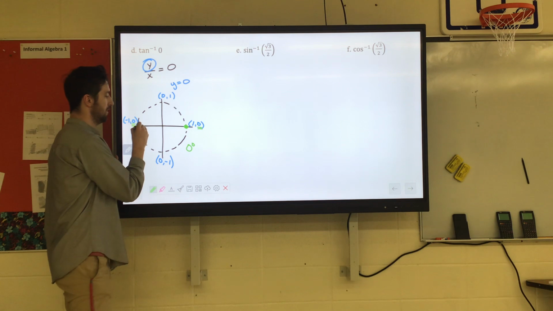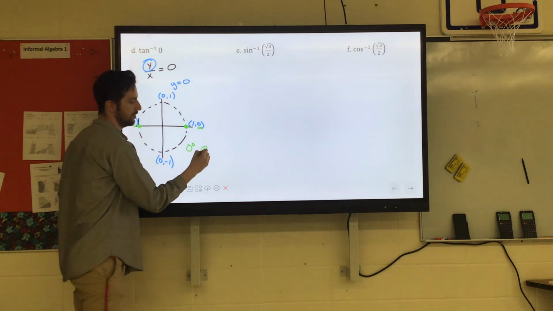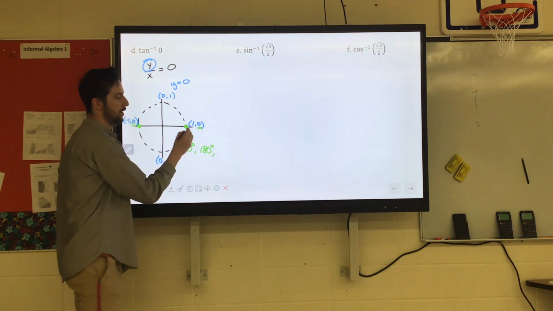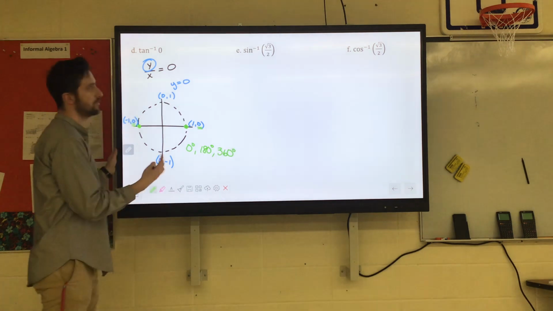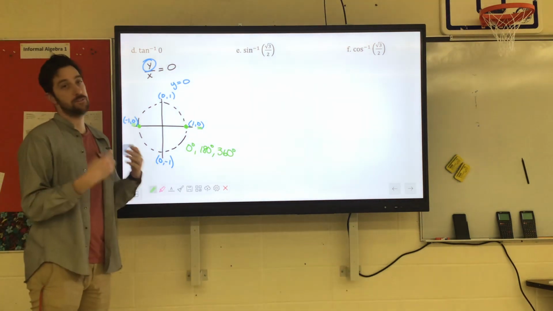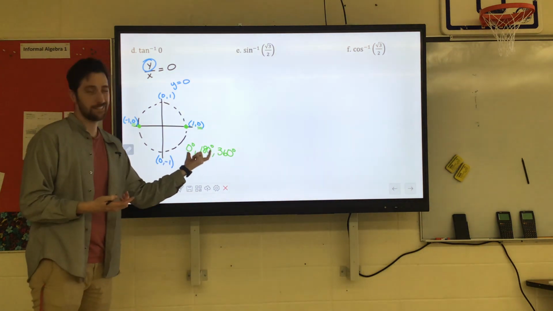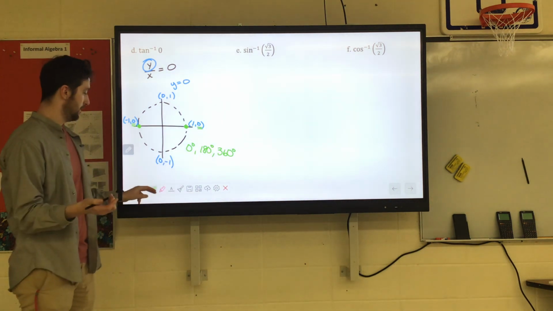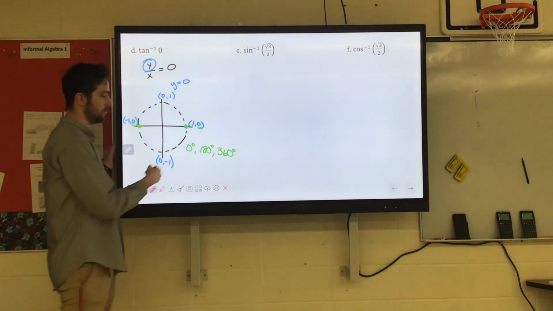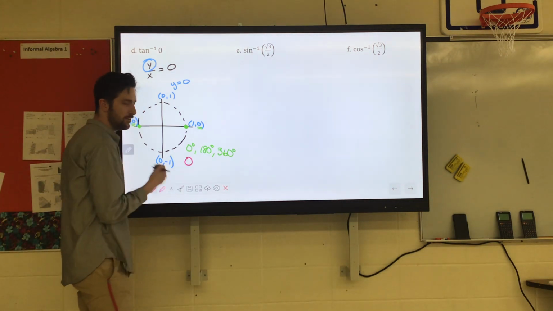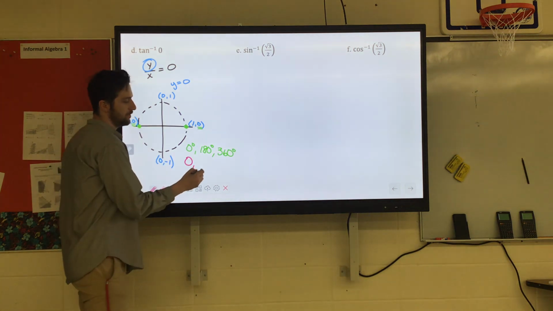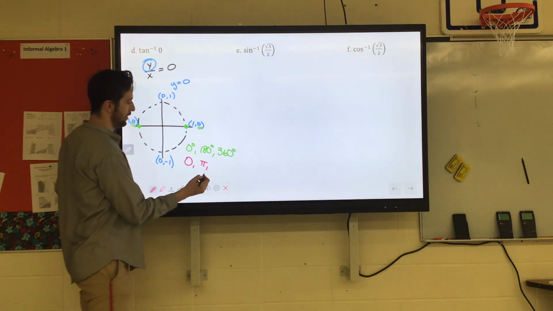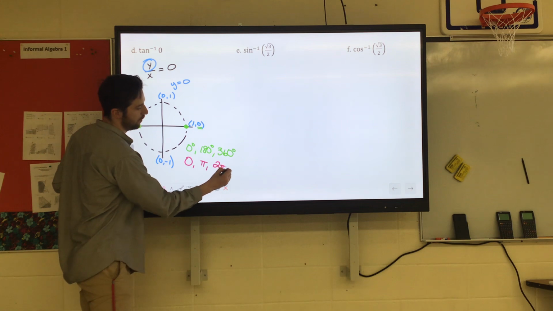Over here is 180 degrees. And then, like I said, back here again is 360. That's equal to the 0, but we're going from 0 to 2 pi radians, so that would include both of those. Converting these into radians, 0 degrees is just 0. You could write 0 pi, but you don't need to. You could just write 0. 180 degrees is pi, and then 360 degrees is 2 pi.